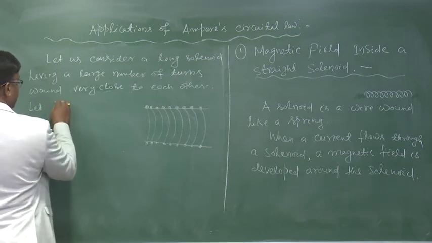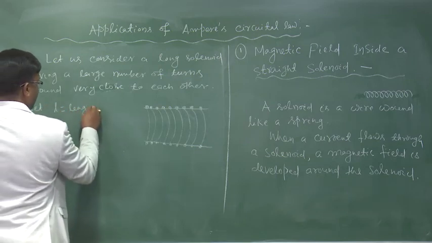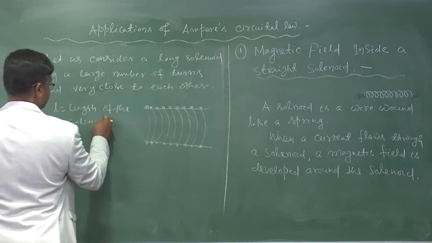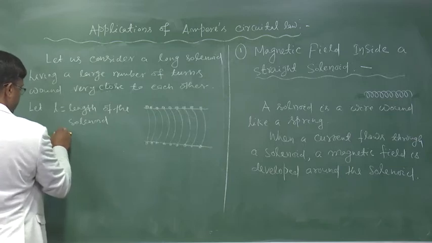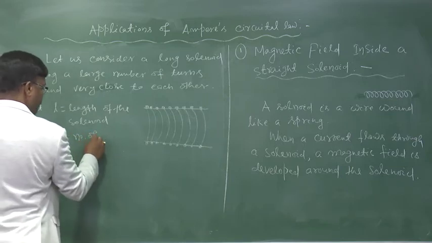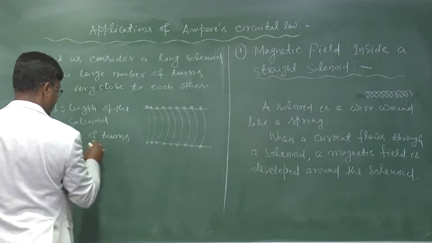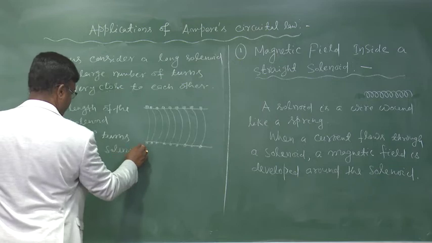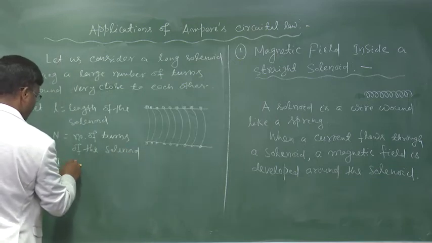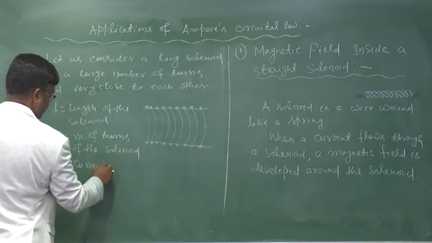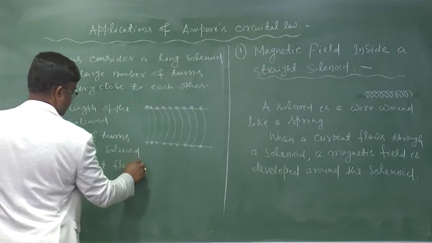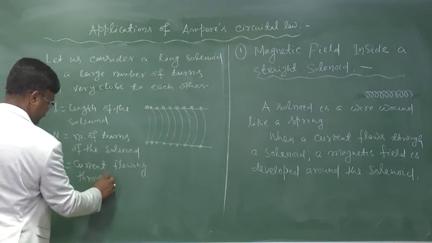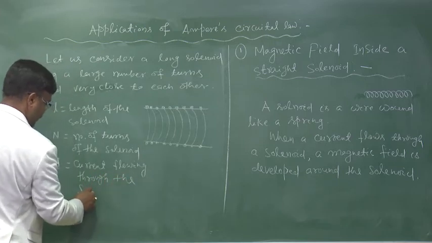Let L equal the length of the solenoid, N equal the number of turns of the solenoid, and I equal the current flowing through the solenoid.